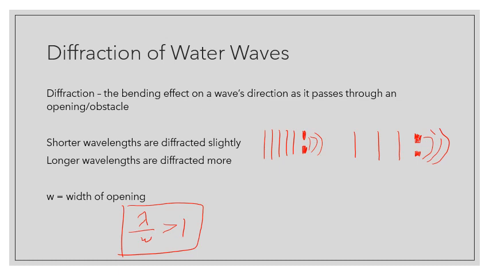Now on the width of the opening, let's assume that the wavelengths for both waves are the same, and we have this wide opening, so this gets diffracted slightly. Well, if we have the same wave going through a smaller opening, then it gets diffracted more. So that's a quick intro into the diffraction of waves and the properties of waves in general.